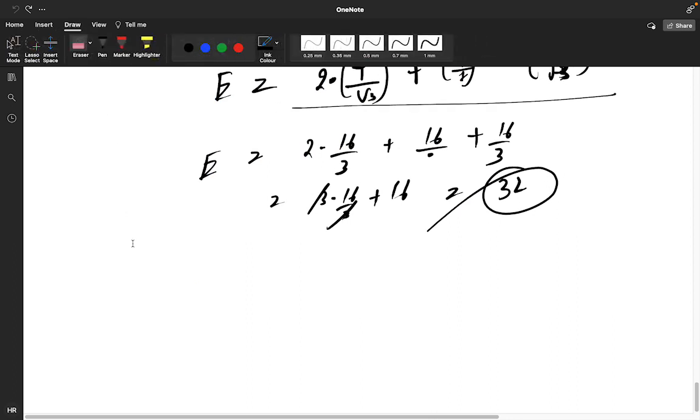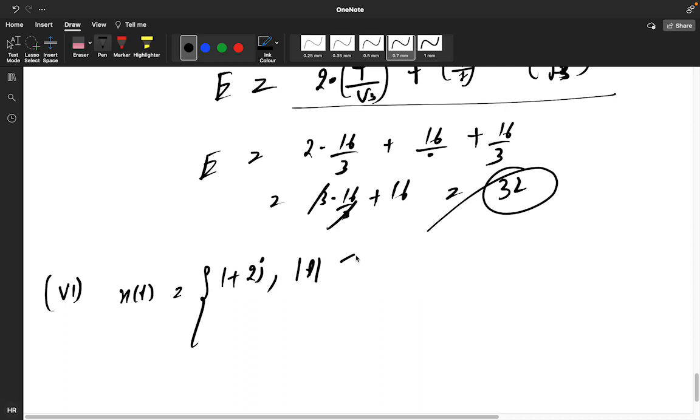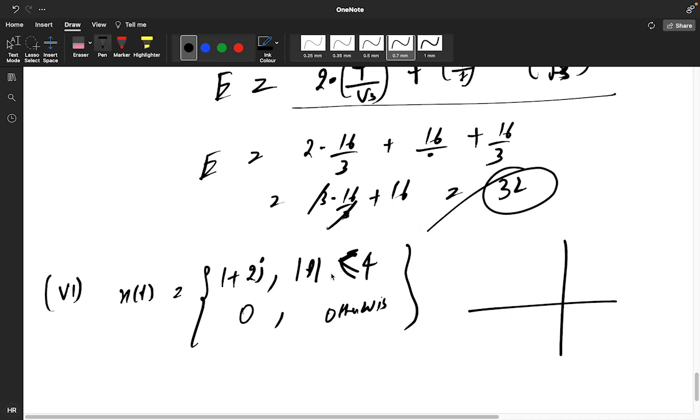Your question is question number 6. x of t is 1 plus 2j for mod of t less than 4 and 0 otherwise. So this is your question. In the graph you will get 1 plus 2j. The meaning of mod t less than 4 is that t is coming from minus 4 to 4.